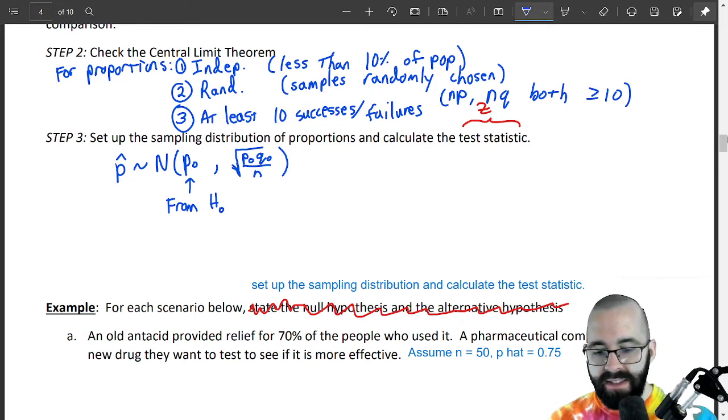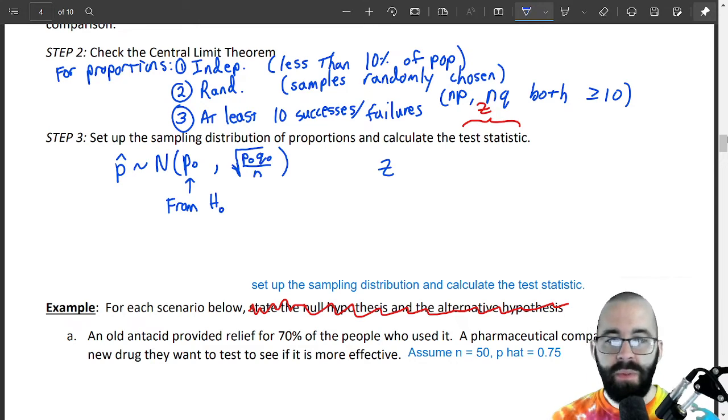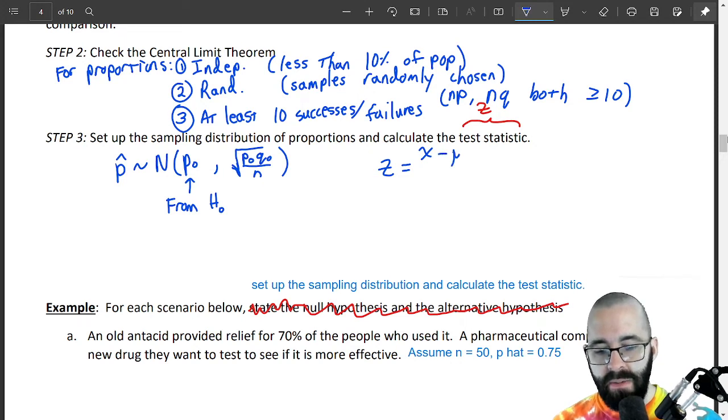And then the test statistic is just what we've been doing the whole quarter for converting things to standard normal. If something is standard normal, then the test statistic is always just the value minus the mean divided by the standard deviation. This is what it is in general.